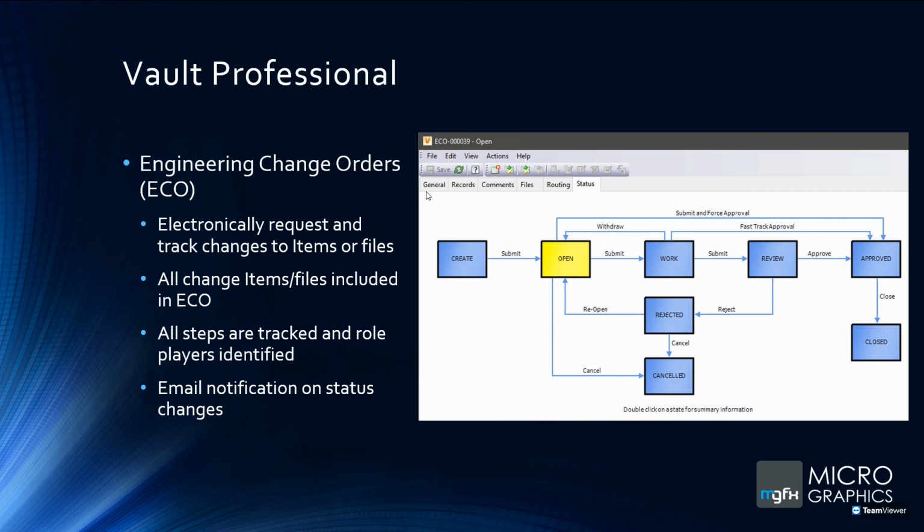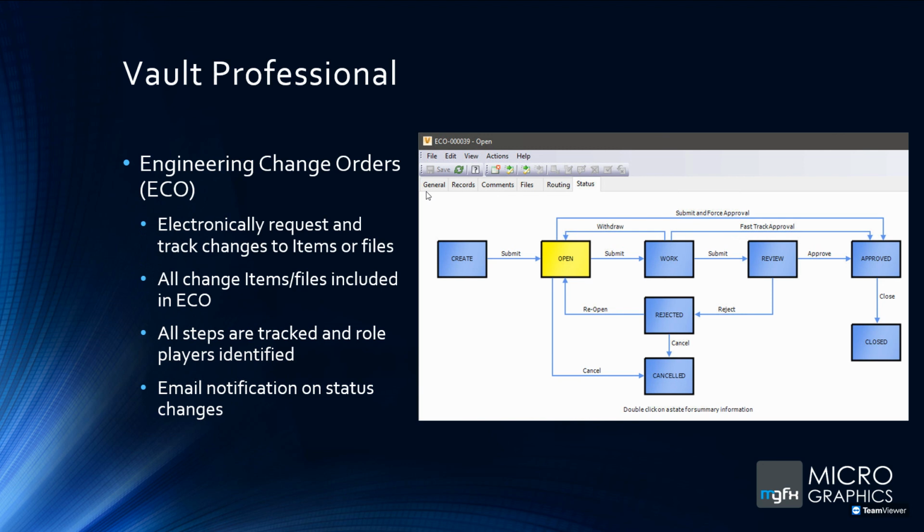We can go from the create stage to an open stage. Currently, this ECO was in the open stage when the screenshot was taken. It can move from open through the various channels. In the best case scenario, it goes to work, review, approved, and closed. But at any point, it could be rejected or cancelled and pushed back to the open stage.